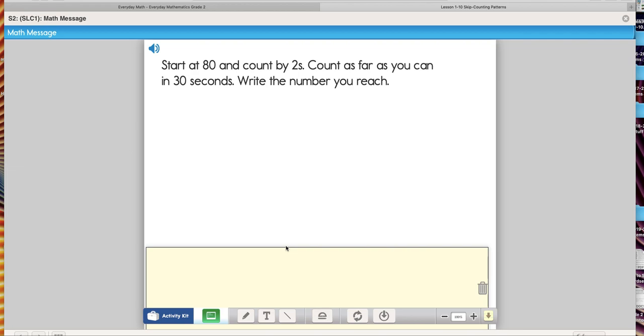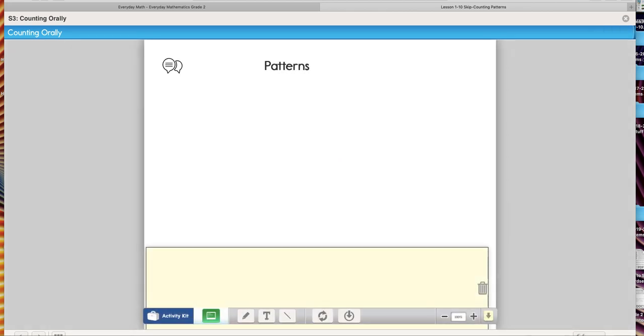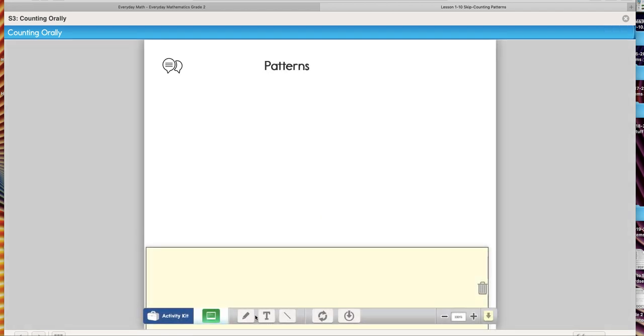Okay. Now, let's do some pattern counting by fives. Let me see what's on the next screen before I say that. I know how to count the 5. Okay. We're going to pattern count by fives. Oop, I want to skip back to this screen. Let me write on the board.